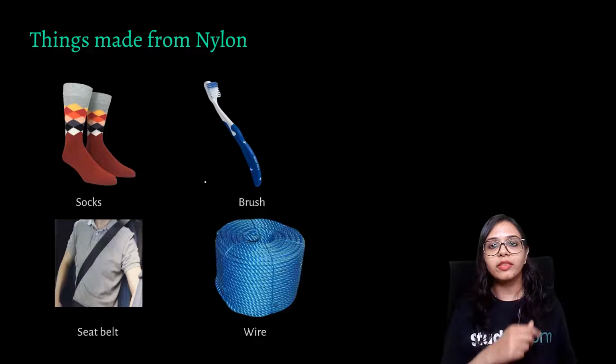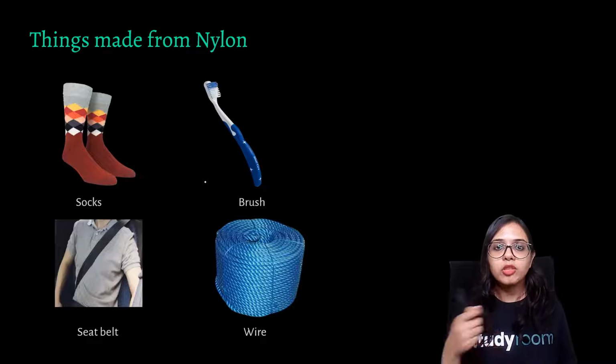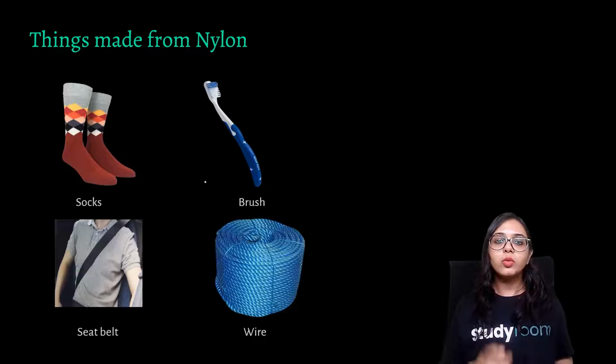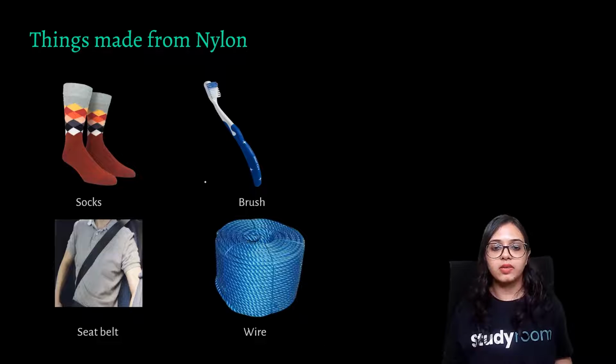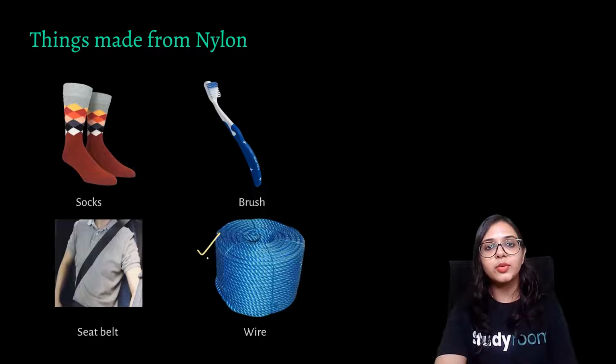The material of the seat belt is also made up of fibers, and we use nylon owing to the very strong nature of its fibers. And nylon wires are used for multiple purposes. So we get nylon socks, brushes, seat belts, and wires, and these wires are ultimately used for other multiple purposes.